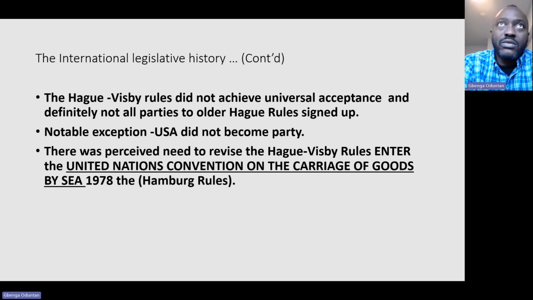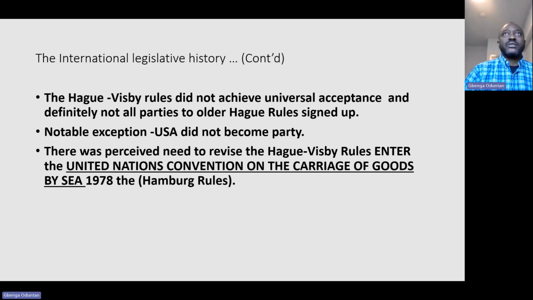So what the states from the developing world then tried to do was to champion new rules that are designed by the United Nations and therefore enjoy the participation of more states using the democratic method of decision making. So they came up with the Hamburg Rules of 1978, which was meant to take care of the developing world's problems, interests, and complaints.